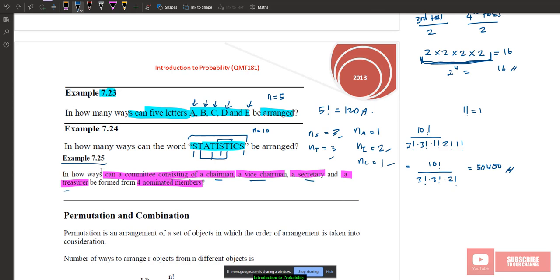So you can rearrange the 4 members. He will choose from 4 members, right? So you want to arrange 4 members, and members are humans. Humans should be different, right? So 4 factorial should be equal to 24. So there are 24 ways to arrange 4 members for the positions chairman, vice president, secretary, and treasurer.